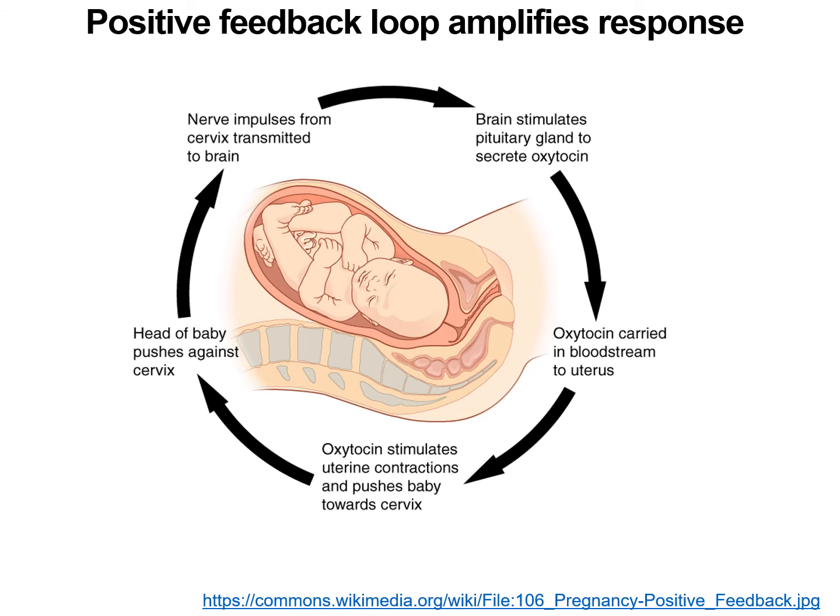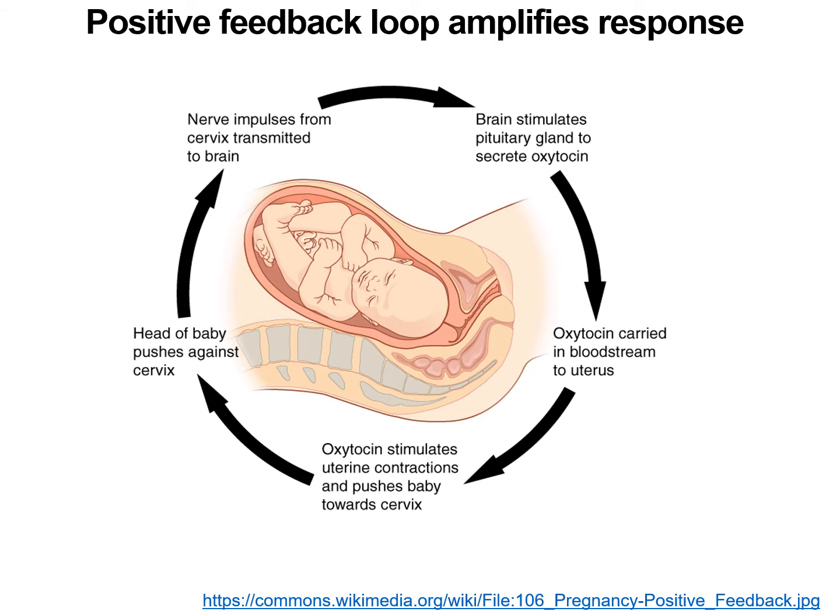So again, the initial stimulus which is generated by the baby pushing on the cervix is getting constantly amplified through these different biochemical mechanisms. And what happens as a result is that once this amplification is strong enough, then the baby is delivered.